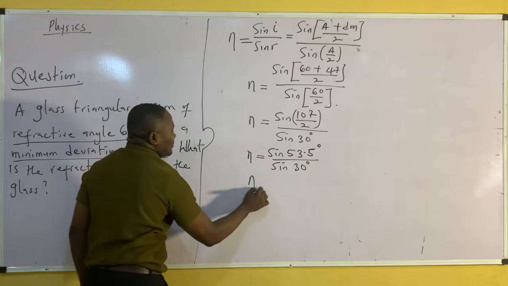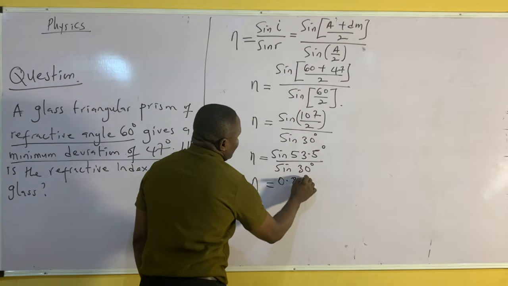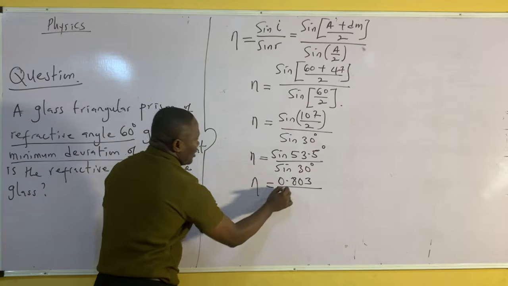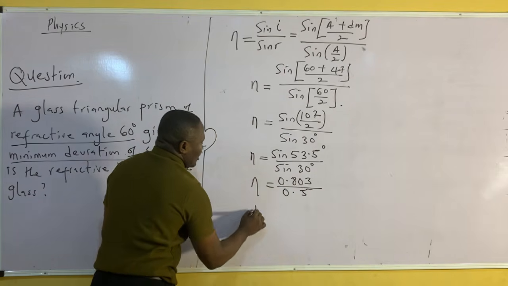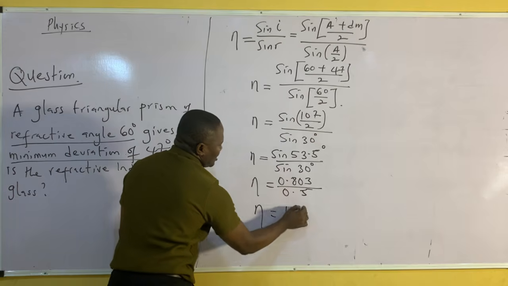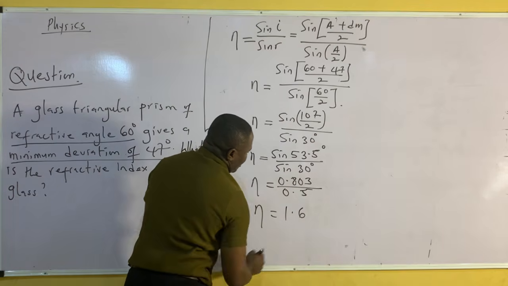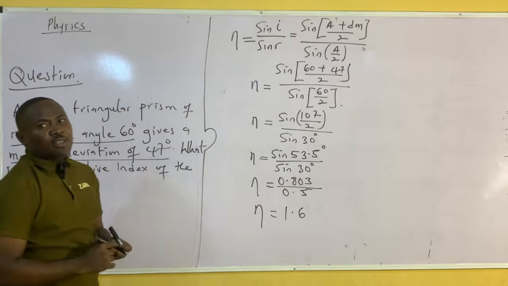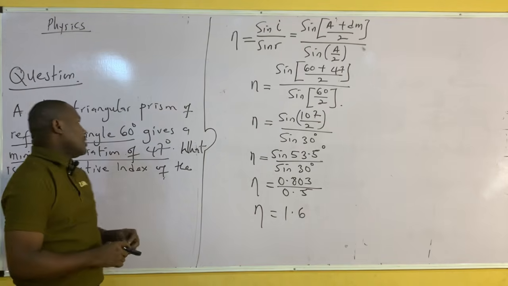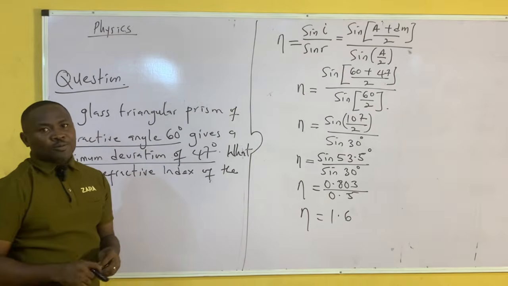So refractive index is 0.803 over 0.5. So this will now be 1.6. That becomes the refractive index of the triangular prism.